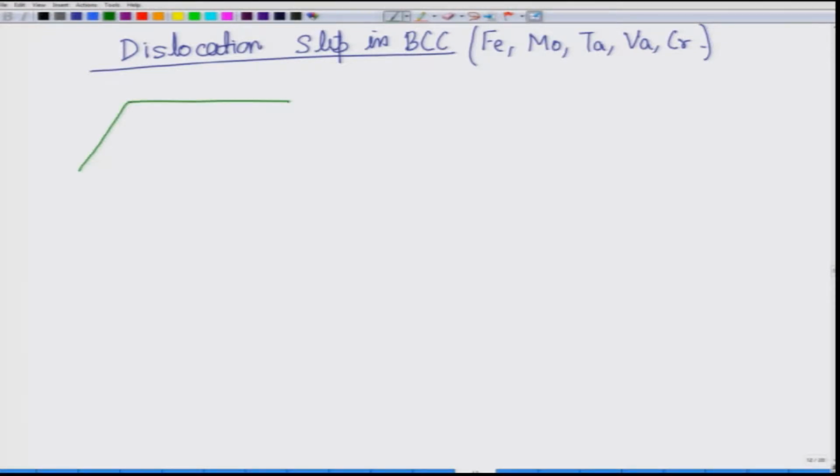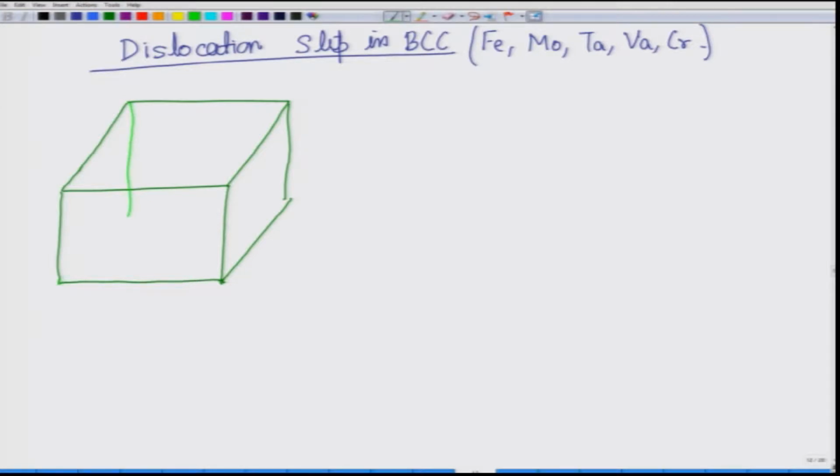Okay, so let us look at this. I will start with our usual BCC structure. I try to draw it as closely as possible, but at times it may be a little out of shape, but hopefully with the concepts you would be able to relate to it.